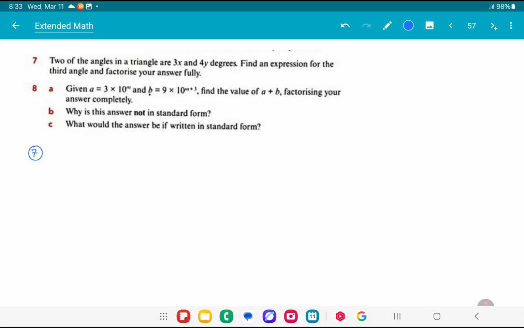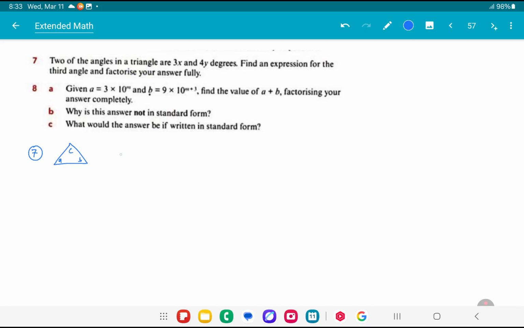Two of the angles in a triangle are 3x and 4y degrees. Find an expression for the third angle and factorize your answer fully. So for a triangle, the sum of angles ABC will equal 180.